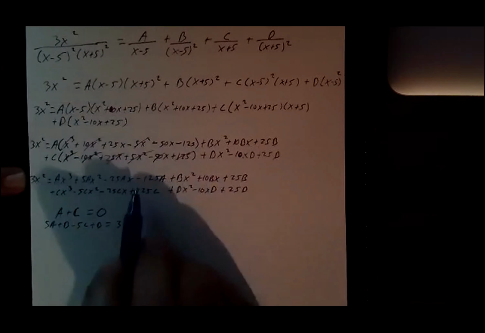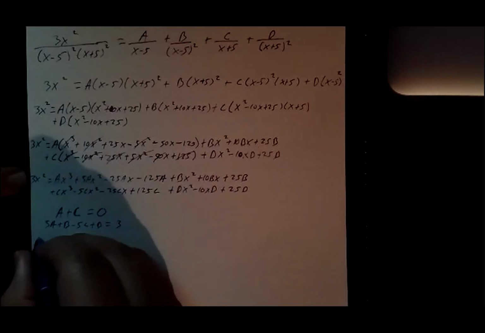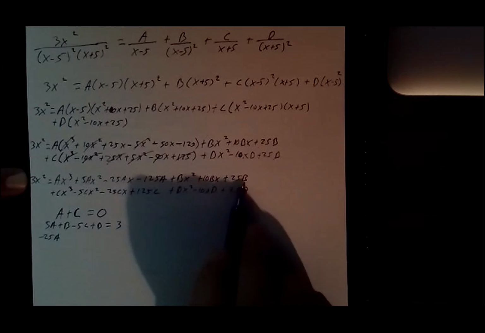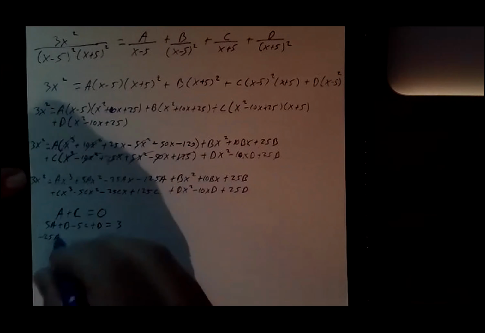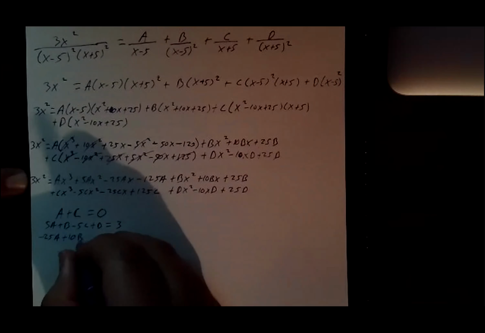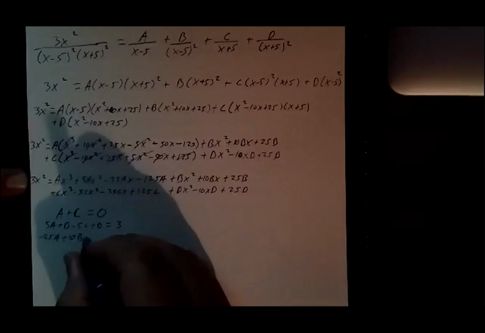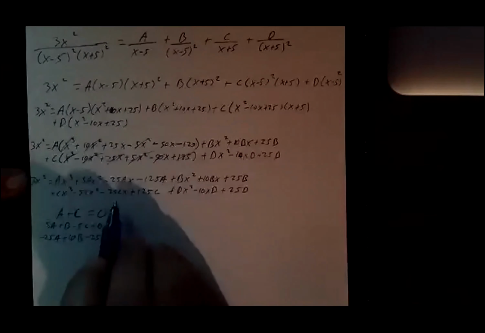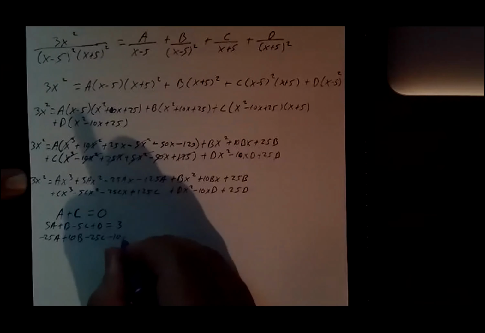Now back to the x terms. Negative 25A, 10B, minus 25C to the x, minus 10D equal to 0.